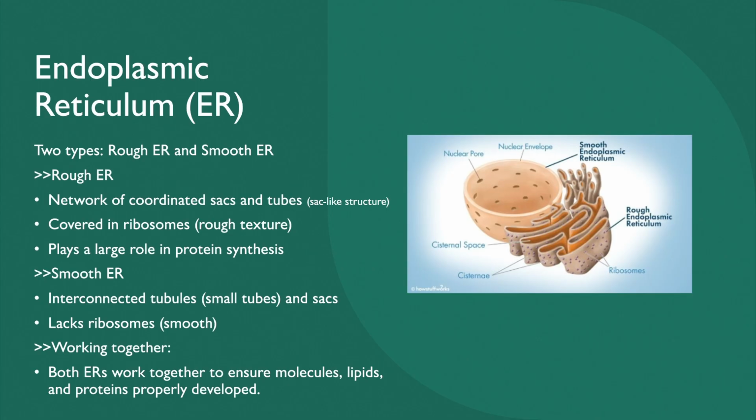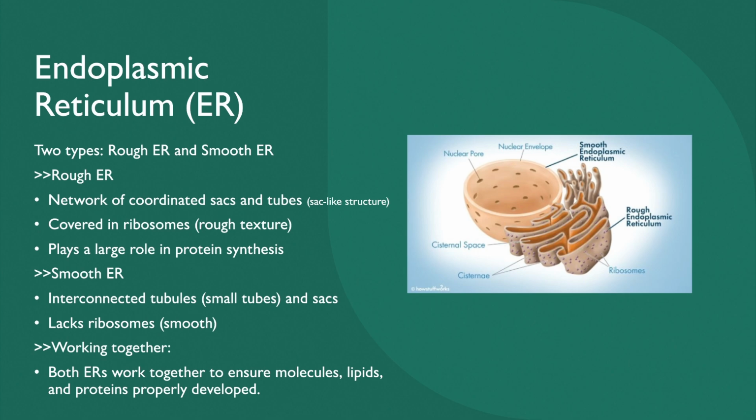The endoplasmic reticulum consists of two types, the rough ER and smooth ER. The first type of ER is the rough ER. The rough ER is a network of coordinated sacs within the cell that is covered in ribosomes. The rough ER plays a large role in protein synthesis by acting as a factory for creating proteins for insertion into other organelles, as well as folding, modifying, and quality controlling them.